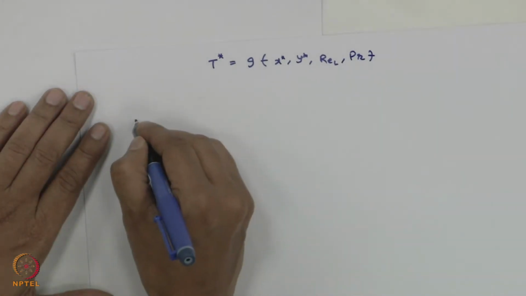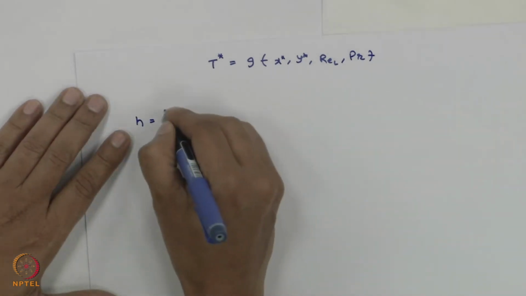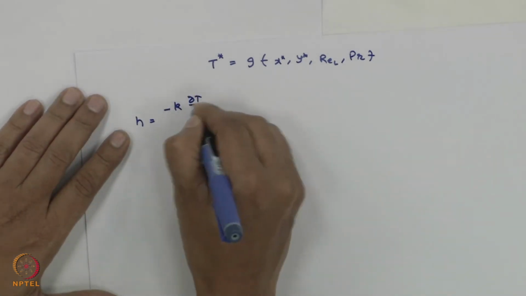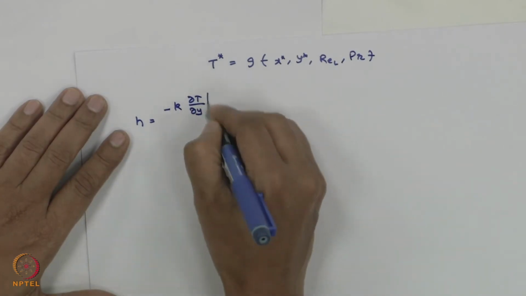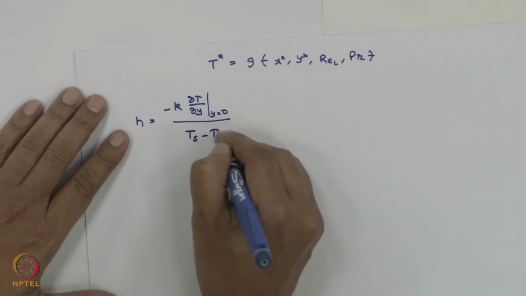Now, let me write for H the way I wrote for Cfx. H equals minus K del T by del Y at Y equal to 0 upon Ts minus T infinity.